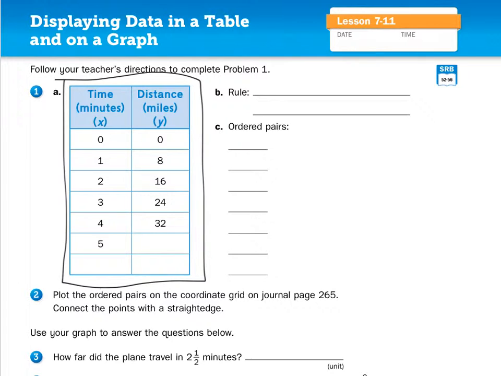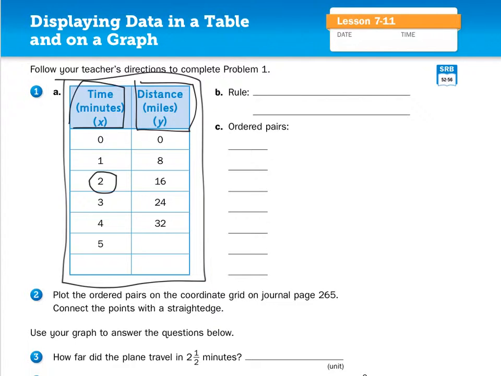If I look at my headings here, time, minutes, and distance, miles, it's telling me that in 1 minute, the airplane traveled 8 miles. In 2 minutes, the airplane traveled 16 miles. In 3 minutes, 24 miles. In 4 minutes, 32 miles.